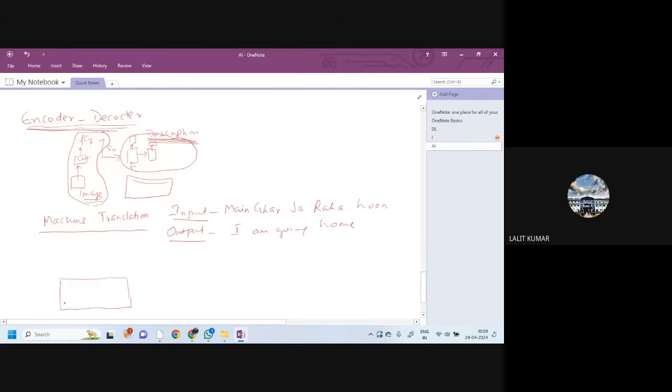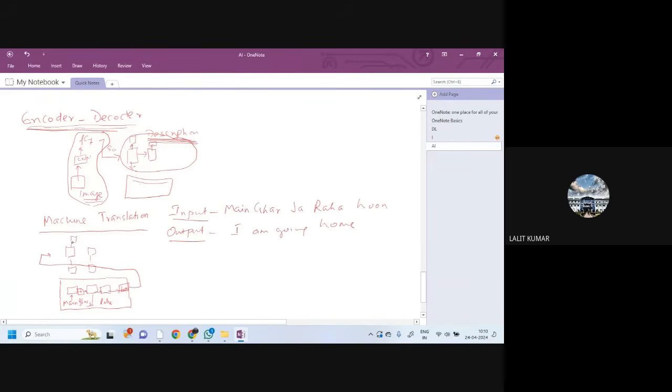We will feed मैं, जा, रहा, and so what the standard encoder does, it encodes in one go and then feeds this output to all parts of the decoder.